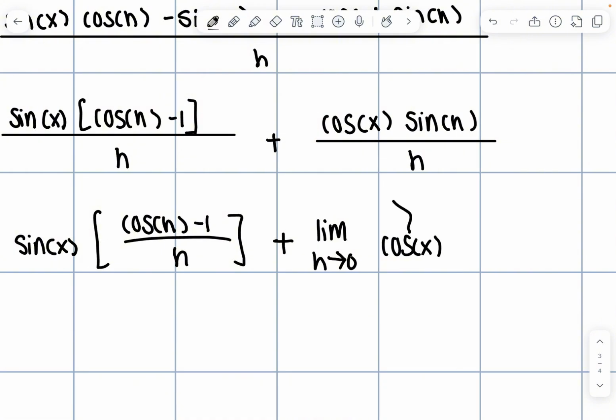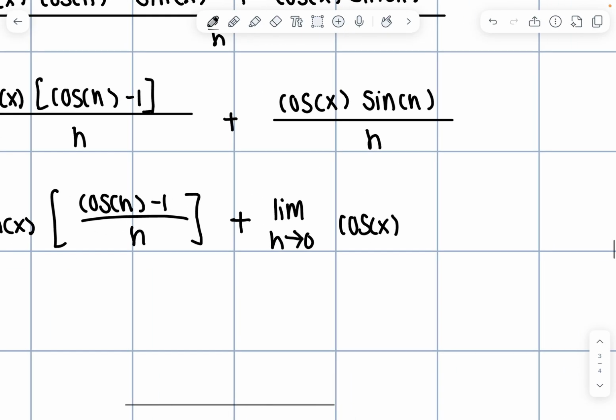Equally, you could bring this cosine x out, because it doesn't involve h, but I might just keep it here, just because, why not? Sine of h over h.